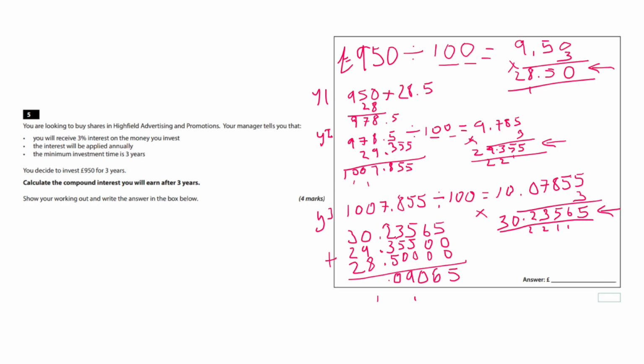Carry the 1, bring that decimal point down. 9 plus 8 is 17, plus the 1 is 18, plus 0, so it's 18. 3 plus 2 plus 2, that's 7 plus 1, 8. So 88.09065. And we're going to round that up here to our nearest 10p. So £88.10 compound interest.